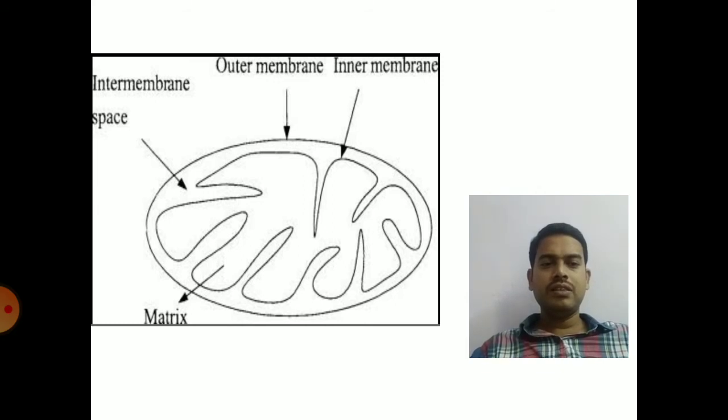So the proteins or the enzyme components which are involved in the electron transport chain are present or situated in the inner membrane of the mitochondria. So the inner membrane of the mitochondria contains the proteins that are involved in the process of electron transport chain.